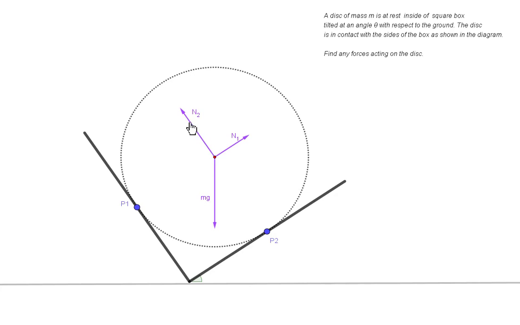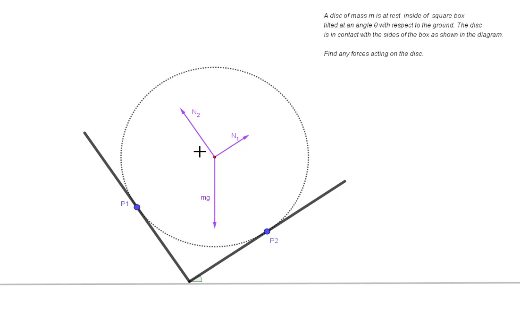N2 is the force vector that you get from drawing a straight line from the contact point here, and N1 from this point. So these are the only forces at play. There's no friction, presumably, since the question doesn't state there's any friction or any other forces. And no matter what coordinate system we use, the forces should look like this. They'll be pointing in these directions and have these magnitudes.